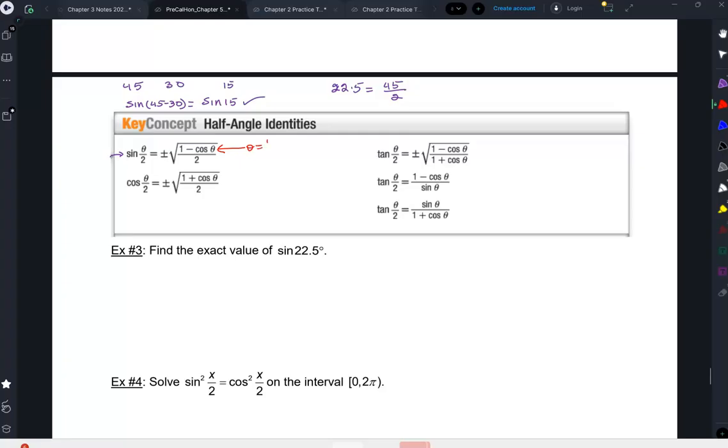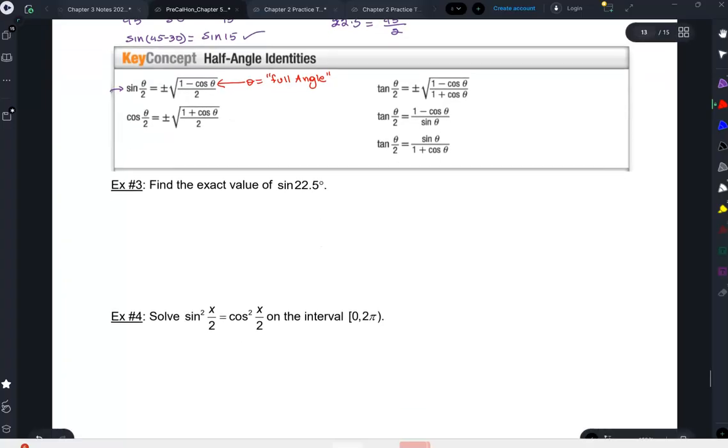This theta is your full angle of 45. Write that down somewhere. Okay, find the exact value of sine of 22.5. Not a calculator in sight. So we're going to do this. First of all, take a look at that angle.